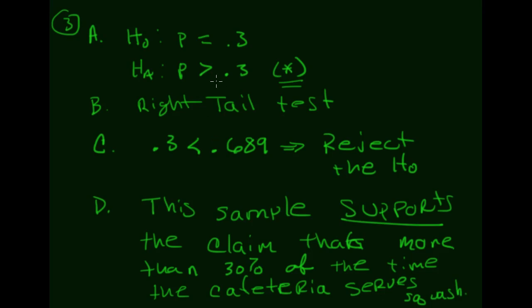Since we rejected the null and the alternate is the claim, this sample actually does support the claim.